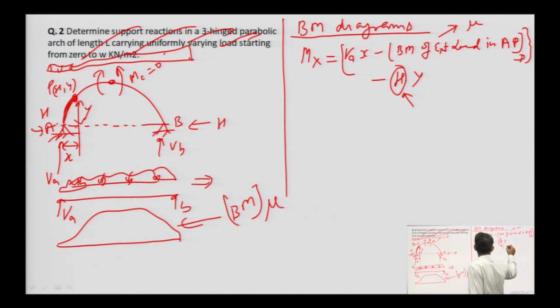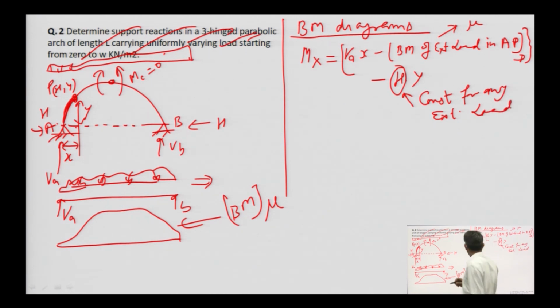H is constant for any particular loading, for any external load, and the variable is what? y. And the shape of y, we know, is actually the shape of the arch.